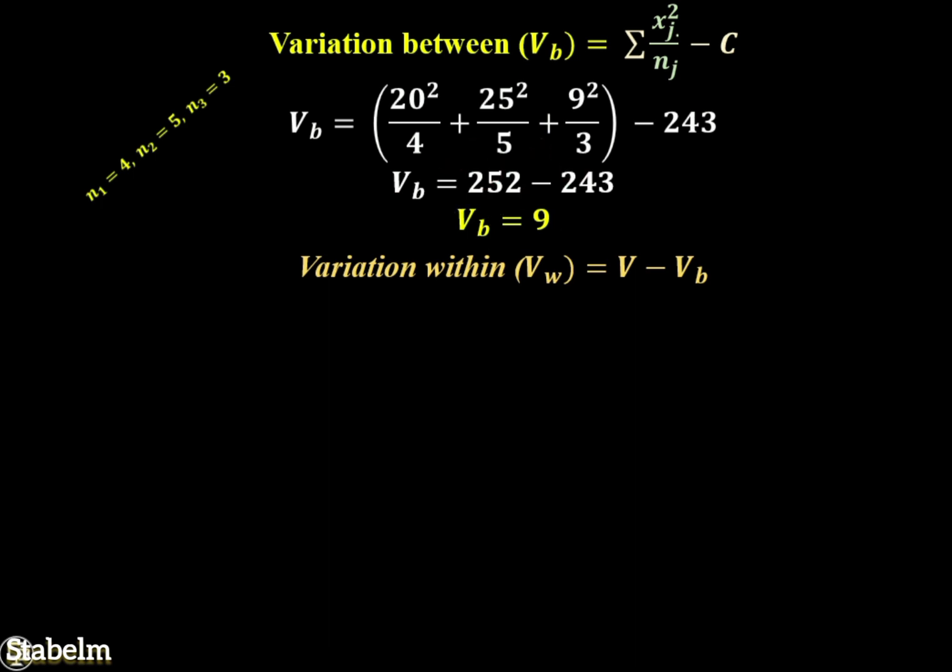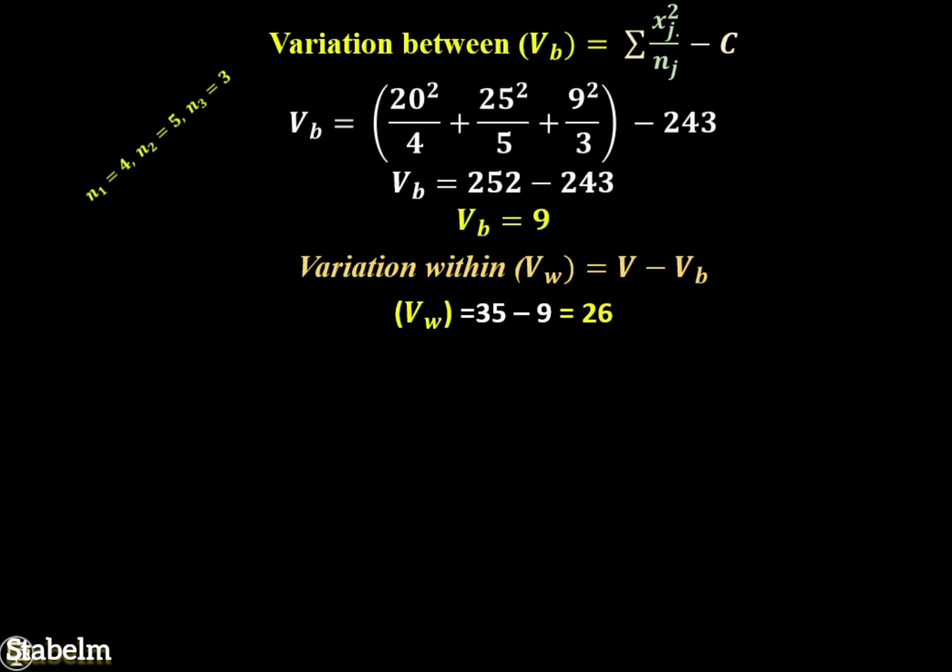In the previous slide, we calculated V, the total variation, and we got 35. Then for VB, this is what we have here, which is 9. So it means we are subtracting 9 from 35. So we have VW equals 35 minus 9, and that will give us 26. So we have 26 as the value for the variation within treatment.